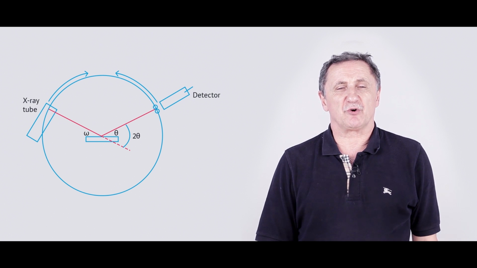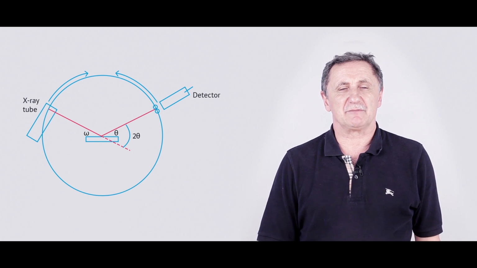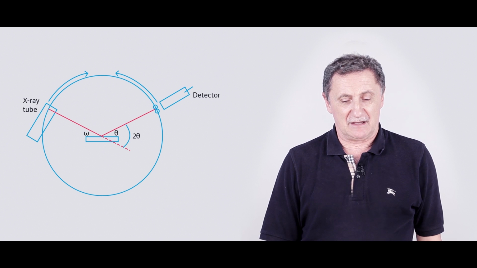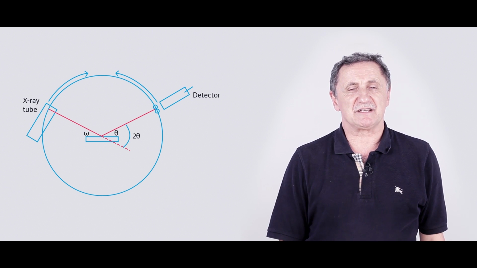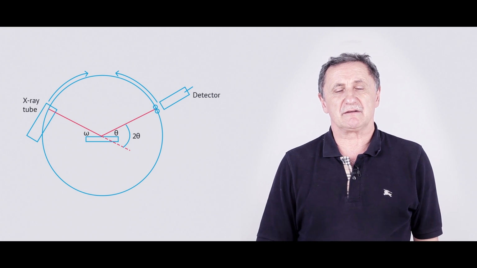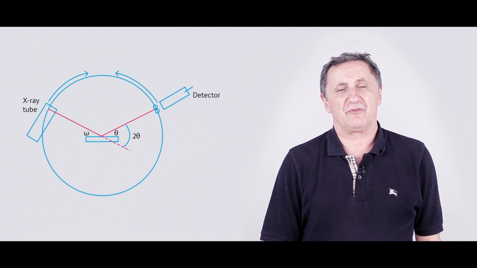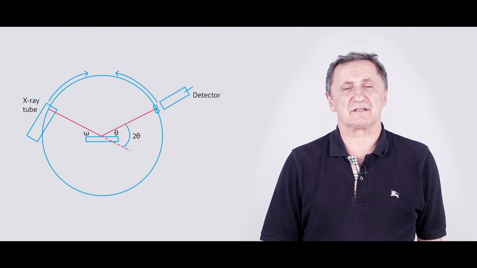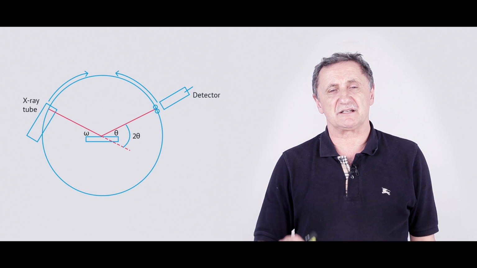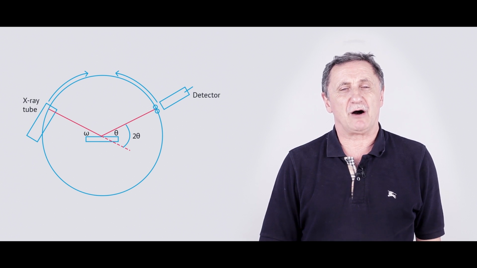So again, before we go, let's also talk a little bit about the spatial resolution. Typically the size of the sample should be on the order of several millimeters square, and the thickness of the sample should exceed about 100 microns.